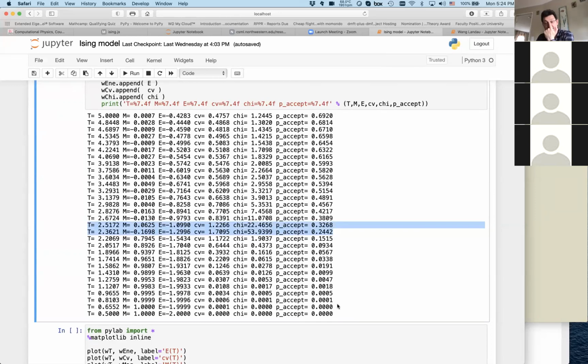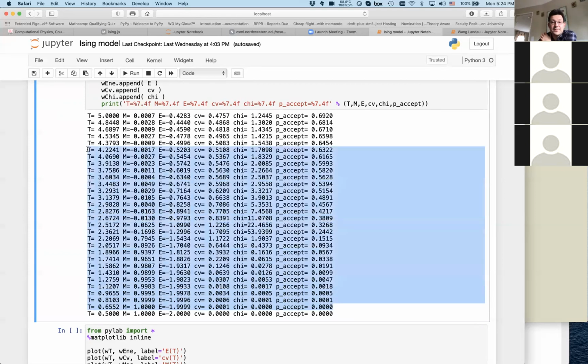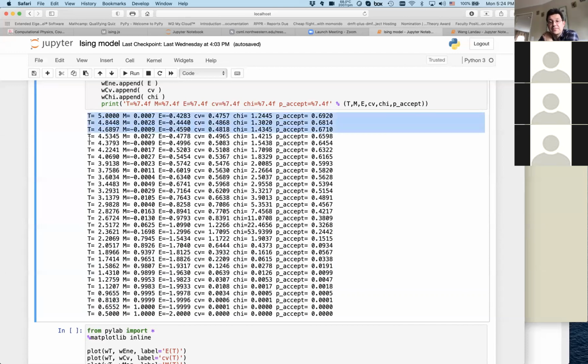So the low temperatures are hard to simulate, but on the other hand, they're pretty boring because the magnetization doesn't change anymore. Basically, we're close to the ground state. At high temperature, of course, the acceptance rate is much higher. But on the other hand, the high temperature problem is relatively trivial in the sense that we are very close to a completely random configuration. So the thermodynamic quantities are very easy to compute anyway.